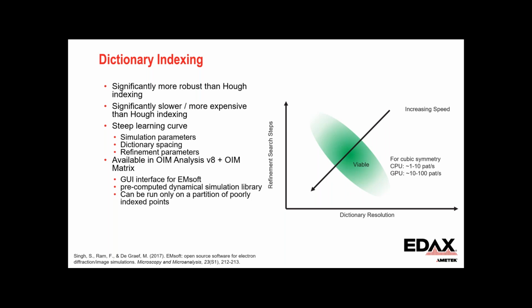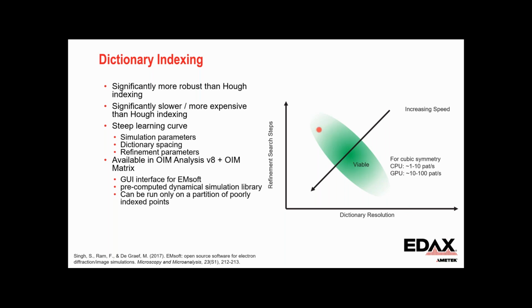And you have this trade-off between increasing your dictionary resolution, which means that you have a finer space to search within when you're doing the refinement step. But then you have to spend less time on the refinement, but you have a bigger dictionary, or you can do a smaller dictionary, but then you have to spend more time on the refinement step. So you sort of have this classic trade-off where you can't really get much better on the time no matter what you do.